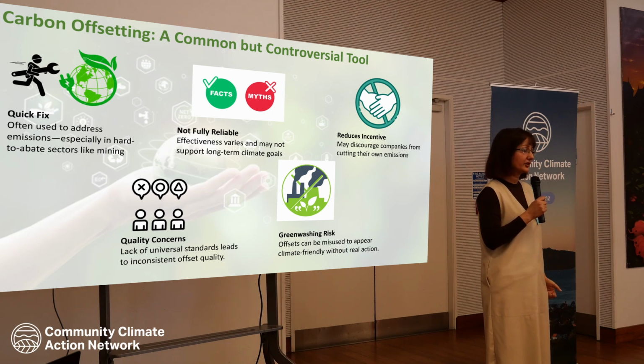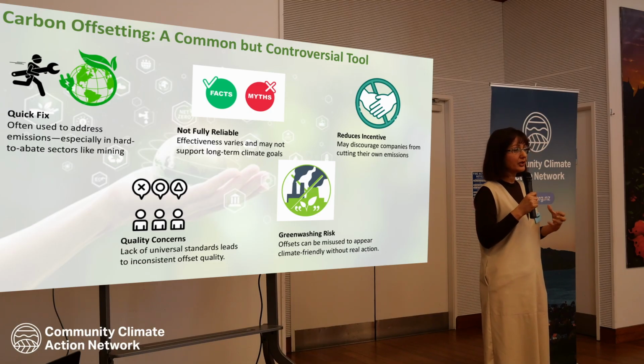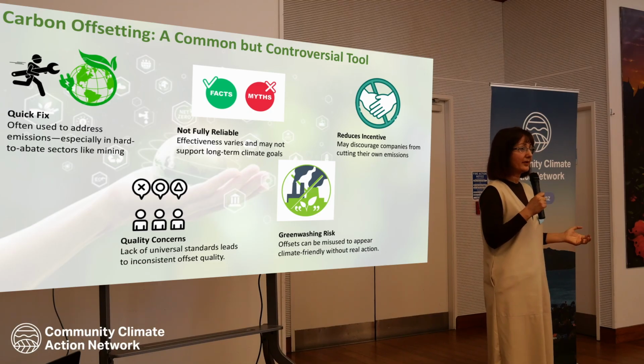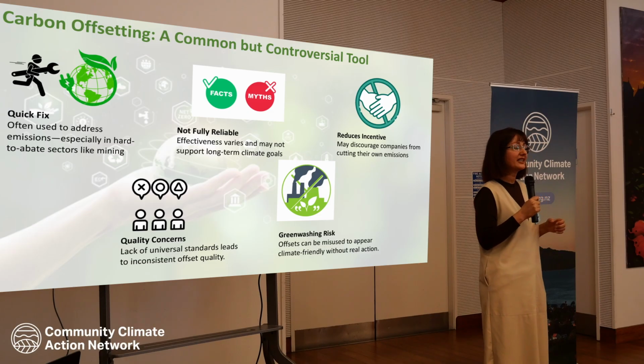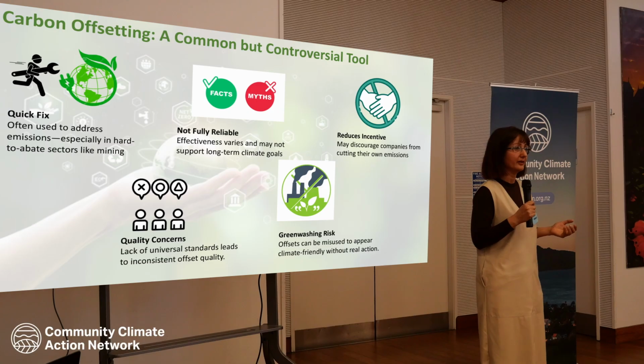But here is the catch. Carbon offsetting allows us to emit now, clean up later, while the residual emissions remain unaddressed. It's like eating a double cheeseburger now and then going for a 10-minute walk and calling it a healthy lifestyle.